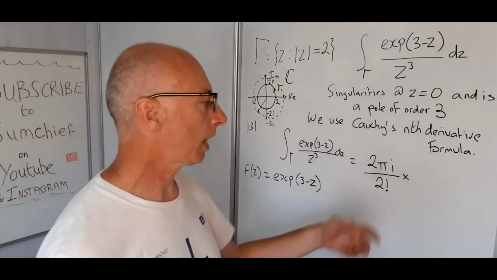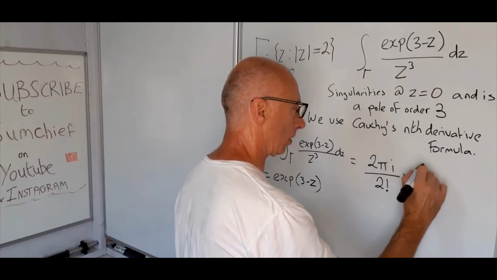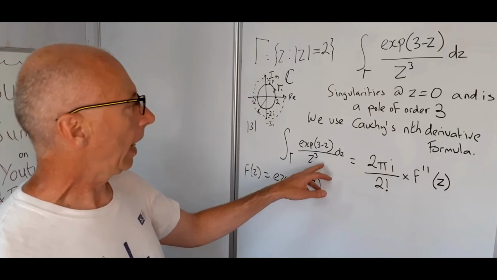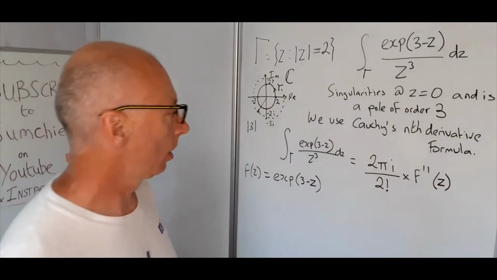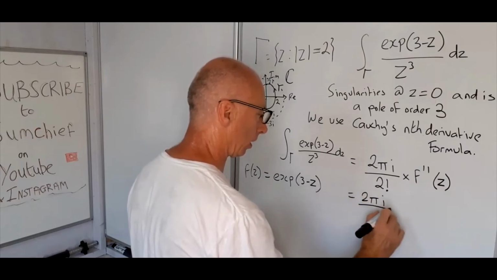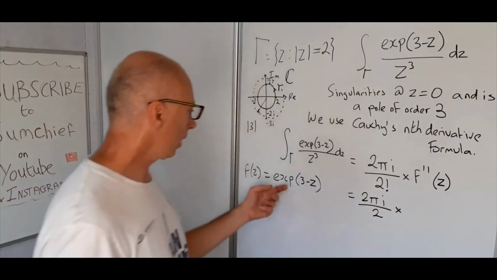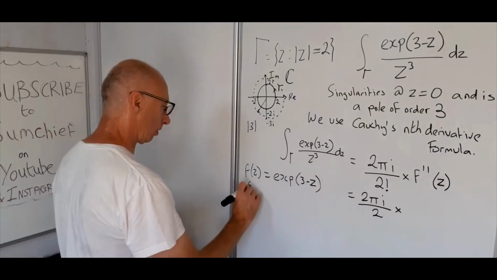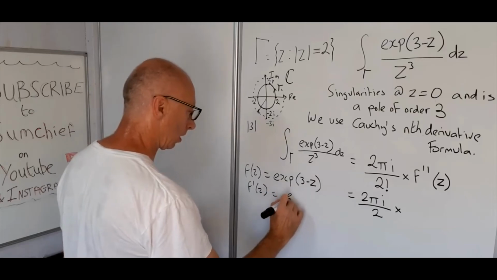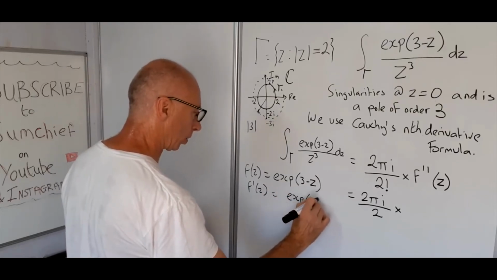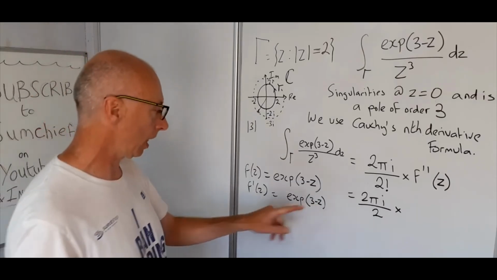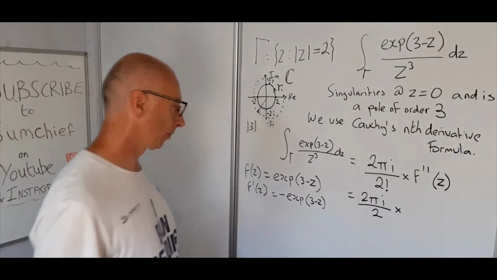Now what we need to do is take the second derivative of f, and we take it at the point 0. So here we've got 2 pi i over 2. Now the first derivative is exponential of 3 minus z; the input doesn't change, but by the chain rule we multiply by the derivative of minus z, which gives us minus 1.